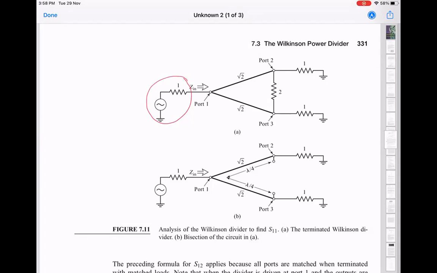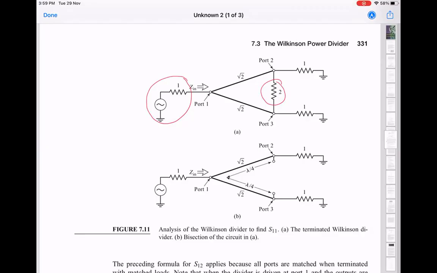Then you have two λ/4 transformers of characteristic impedance √2 going like this. The R/2 was 1 ohm, so R is 2 ohms, so that's what gives you this. And then you have terminated port 2 and port 3 with matched loads 1 and 1.